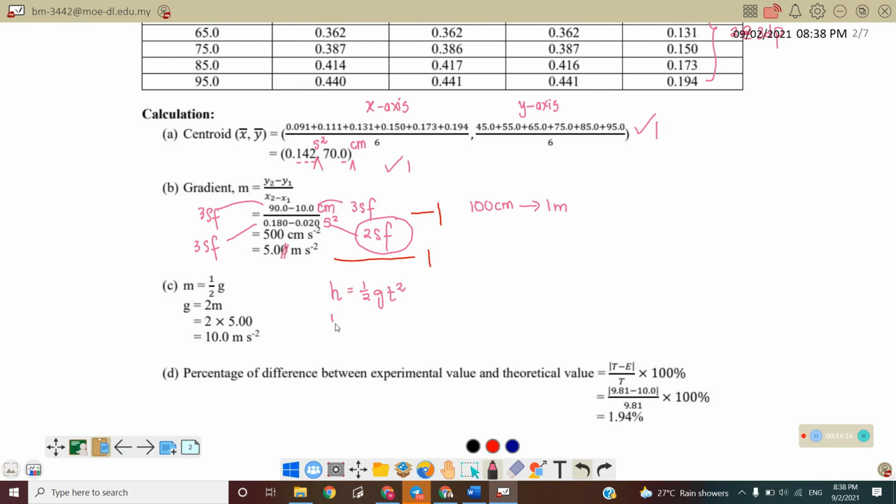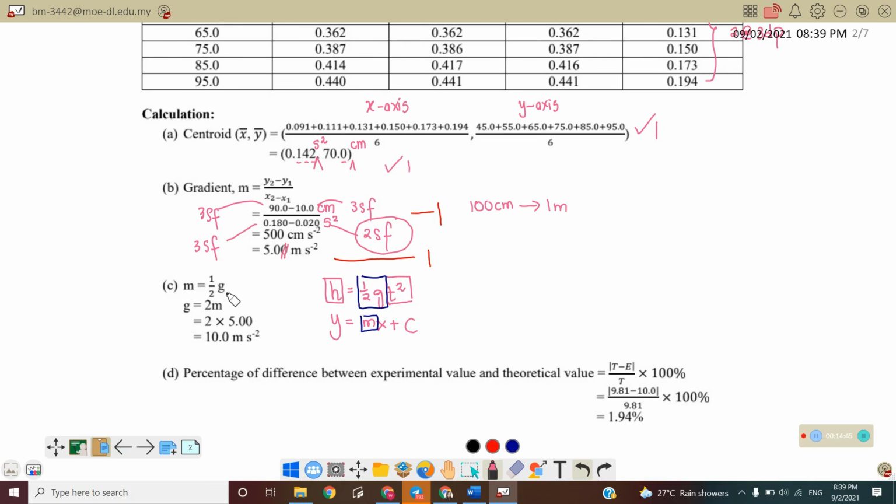If you compare with y equals mx plus c, h is the y-axis, t squared is the x-axis. So our gradient is equal to half g. Therefore, if you compare with the equation, m is equal to half g.